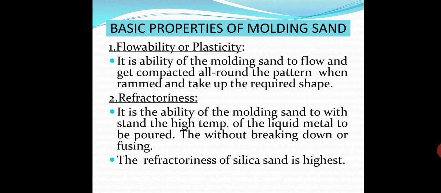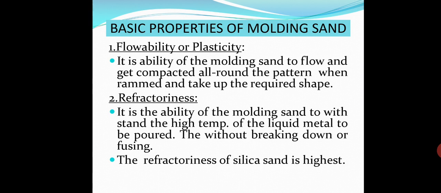This cavity is filled with the molten metal, and that molten metal solidifies and we get the proper object, known as a casting. Lathe beds, bigger machine beds and larger wheels are prepared by means of casting. So what properties must be retained by molding sand?